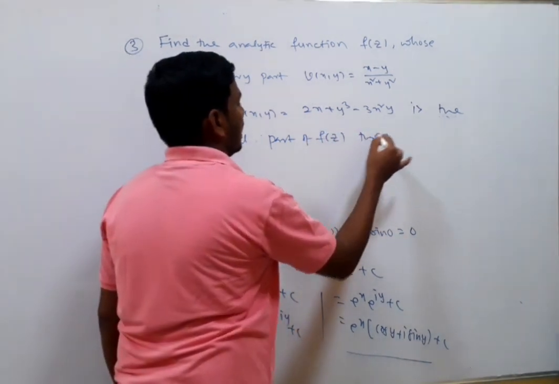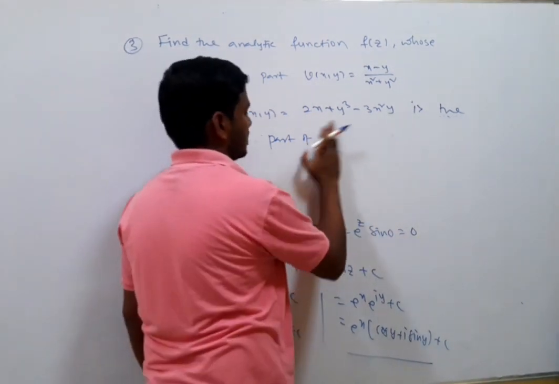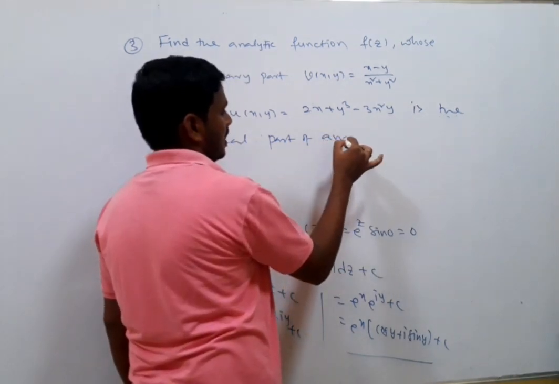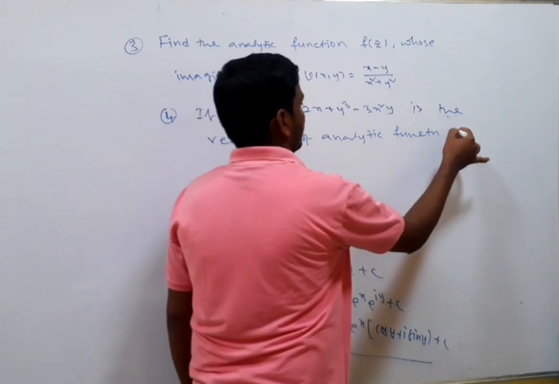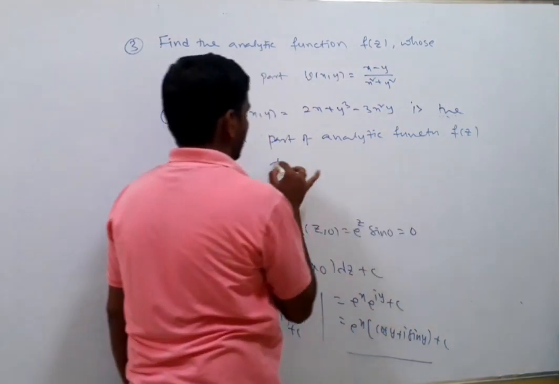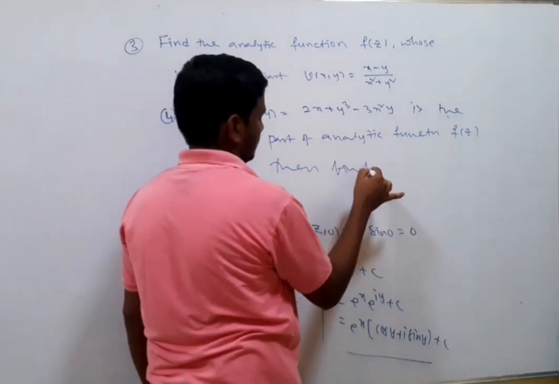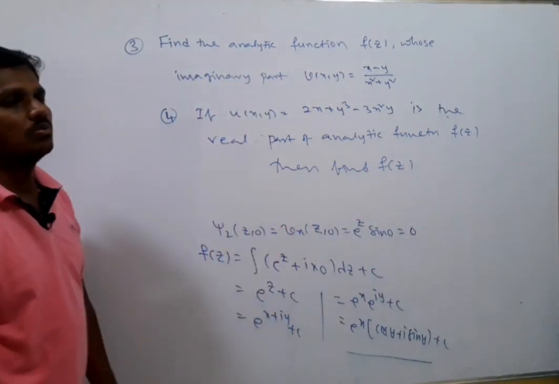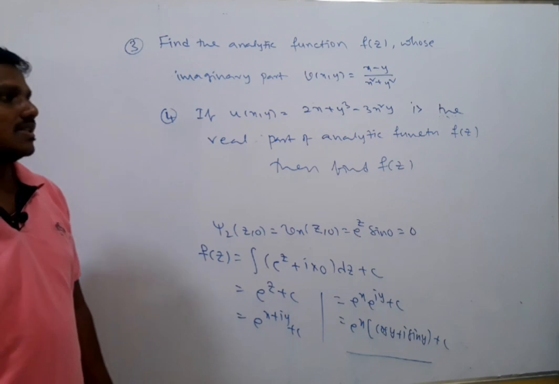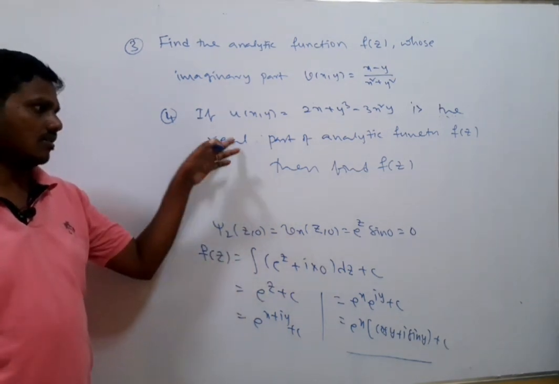Compulsory we have to mention real part of analytic function f of z. Then find f of z. You will get that is 2z plus i into z cube plus ic. You will get that one, right, by using this.